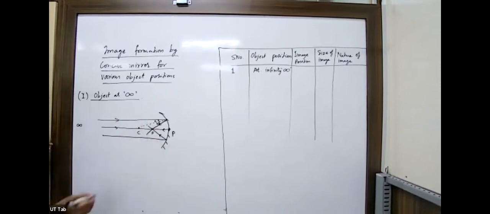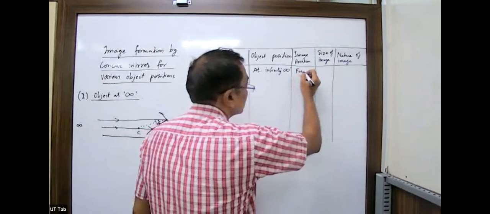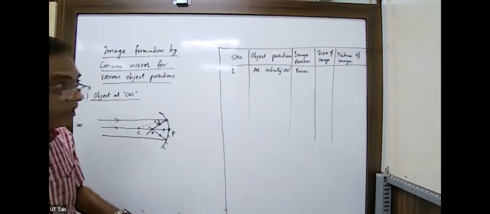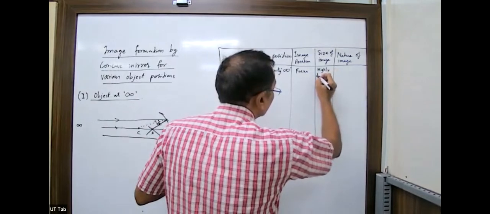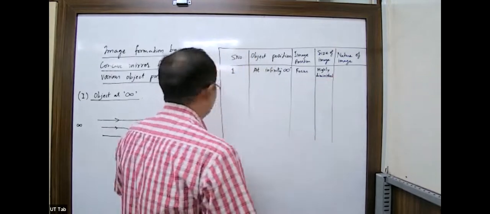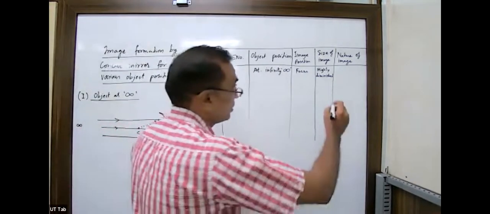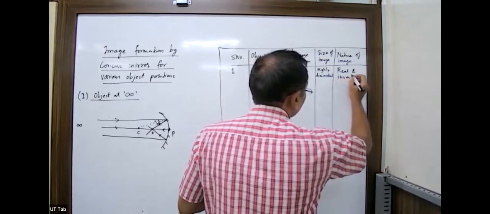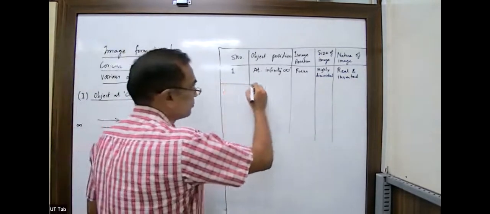So since the rays are meeting at focus, what is the image position? Focus. What is the size of image? Point size or highly diminished. We say highly diminished. Okay. What is the nature of image? Real or virtual? Real. So you would say real and inverted. Okay. So this is the first observation.